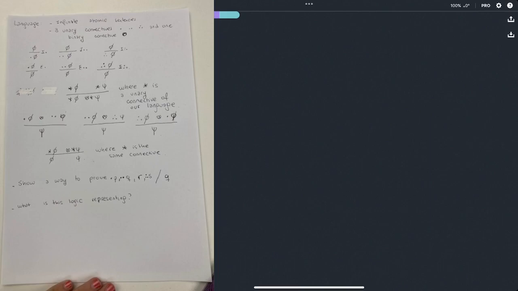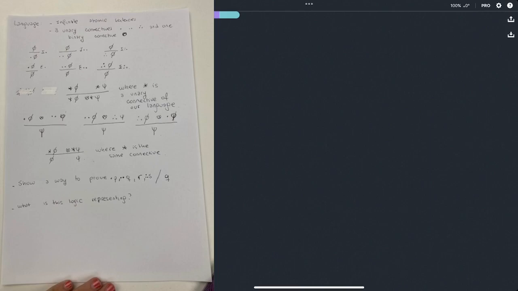So we've got a language with infinitely many atomic sentences, and I'm just going to use lowercase letters, P, Q, R, S, etc. for those. We've got 3 unary connectives: a 1-dot connective, a 2-dot connective, and a 3-dot connective.